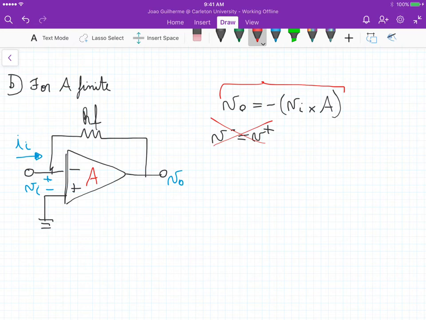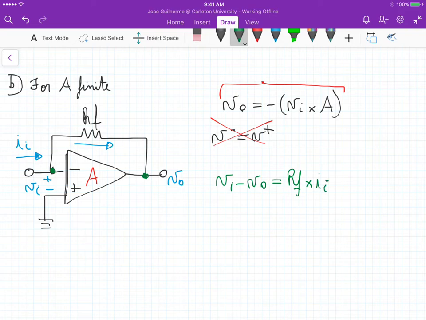And if we look at the circuit, we know that this input current is flowing here, and if we take this potential here, let me use green, this potential here, which is Vi minus V out, should be equal to RF times the input current, right?